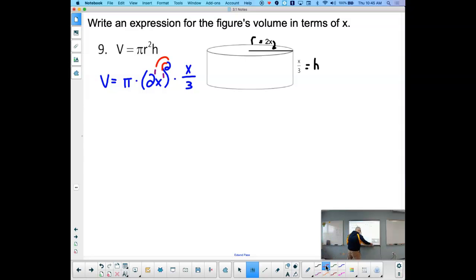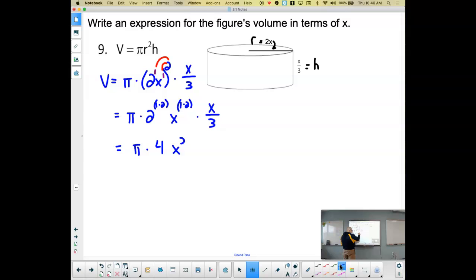So this would become pi times 2 to the 1 times 2 power times x to the 1 times 2 power times x divided by 3. That's going to be pi times 2 squared, 2 squared is 4, times x squared times x over 3.